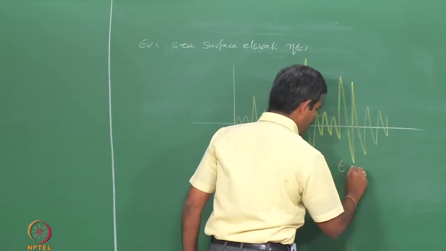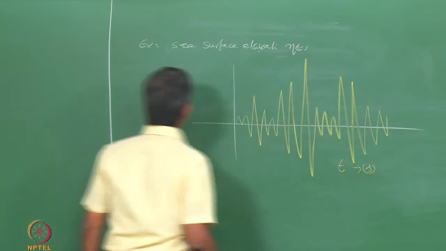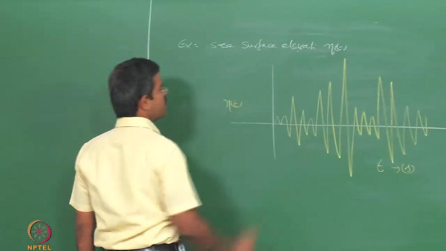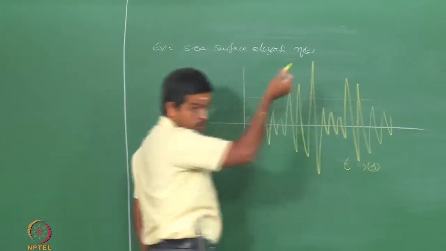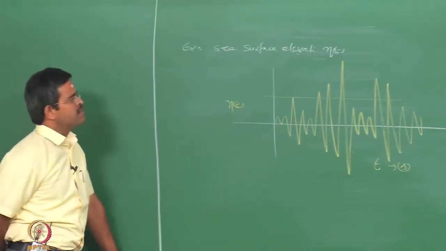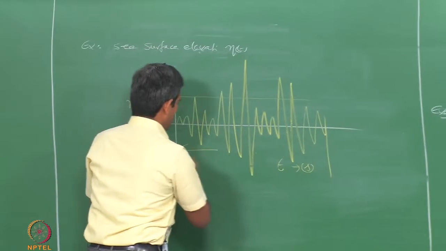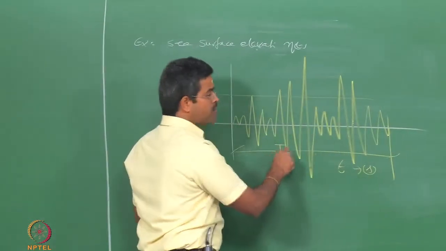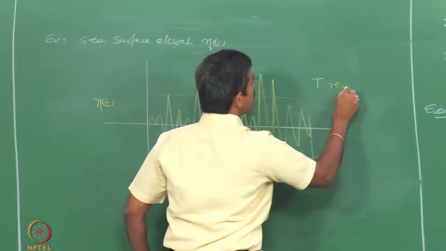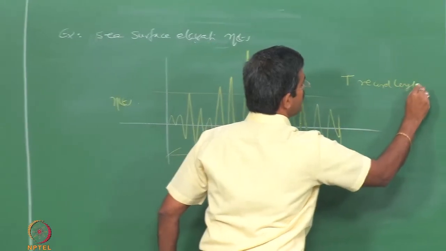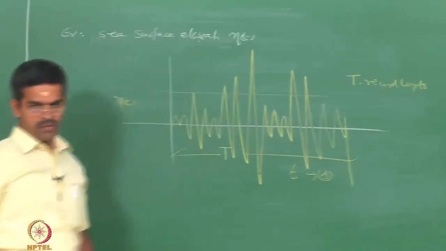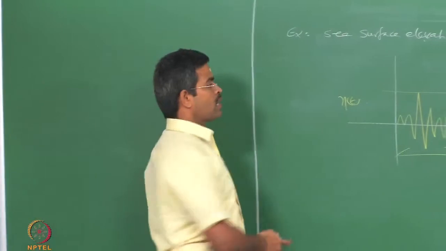Let us say this is time t in seconds, this is eta of t, which gives me the amplitude of variation, and of course this is going to be capital T, which we call the record length. So, you pick up a record length and look at the variation.